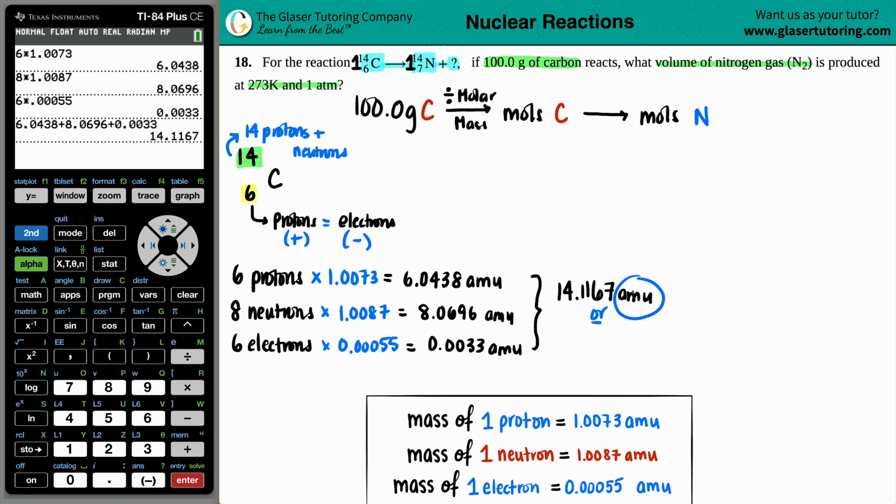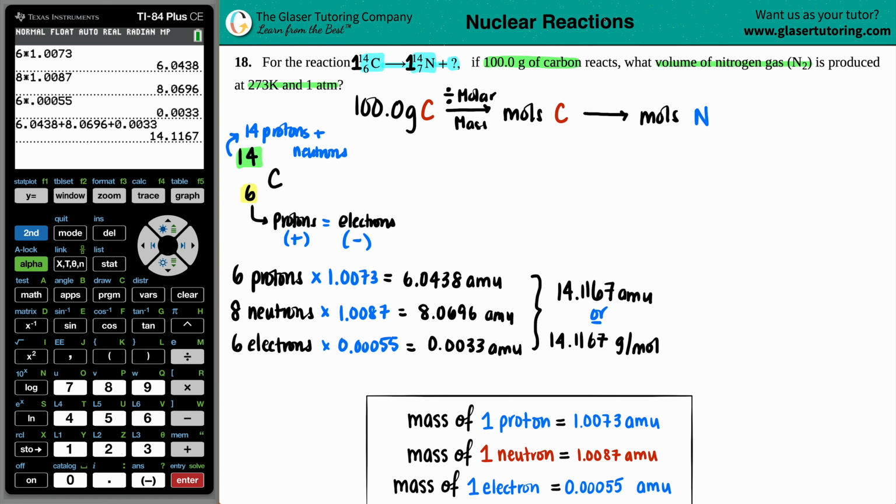One deals with atoms, a really small microscopic scale, and if we want to say the same thing, we can bring it up to the bigger scale that we can see, which is grams. So I can say 14.1167 AMU, or I can say 14.1167 grams per mole. Same number, but one talks about the really small scale that we can't see, and the other talks about the gram scale that we can see.